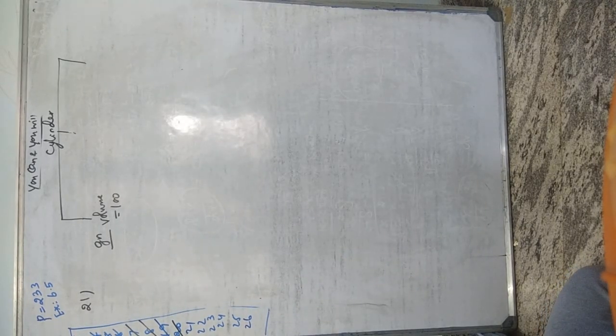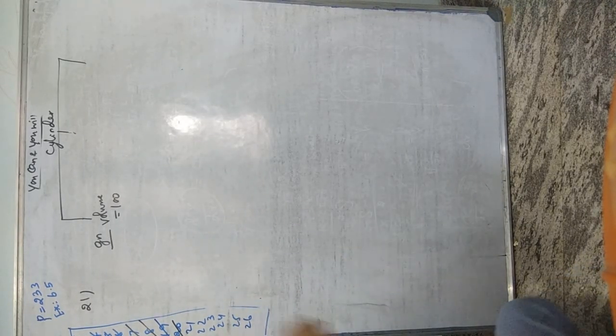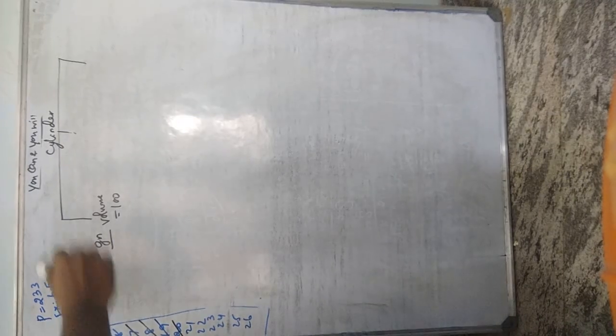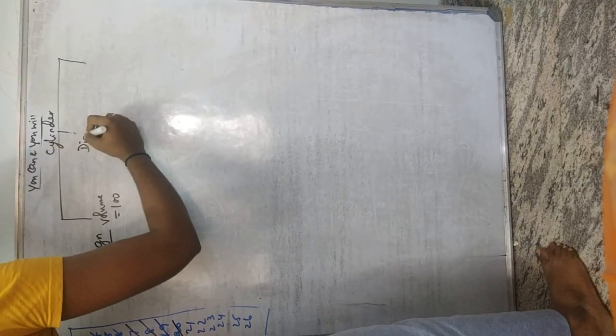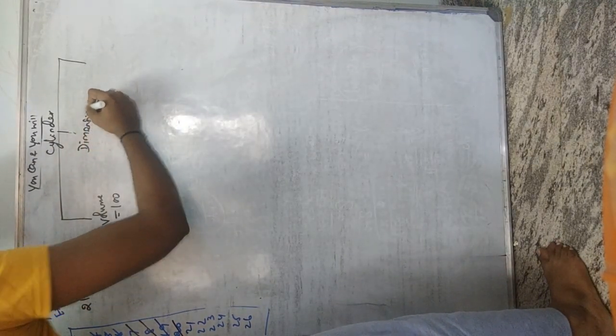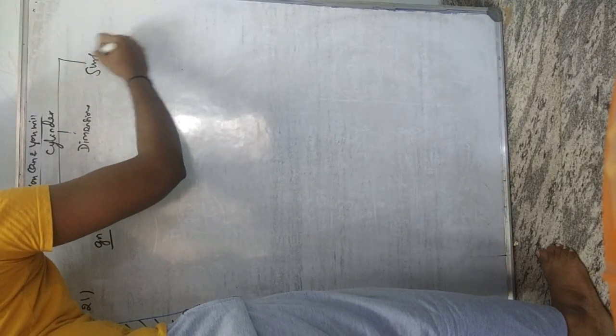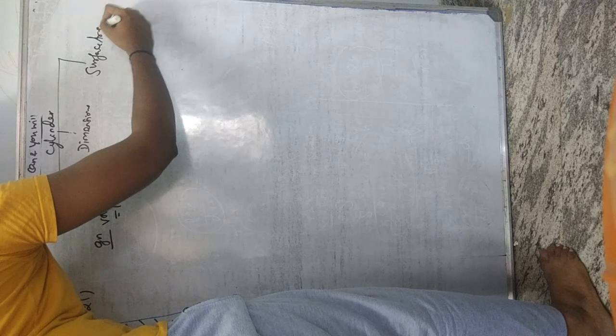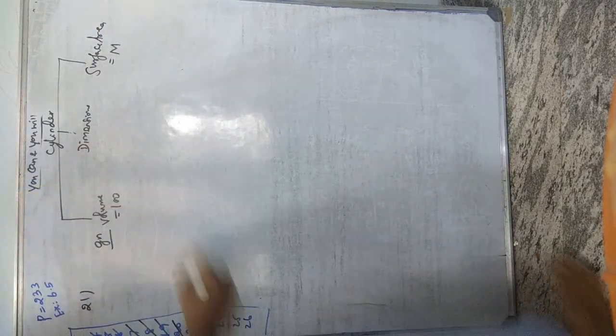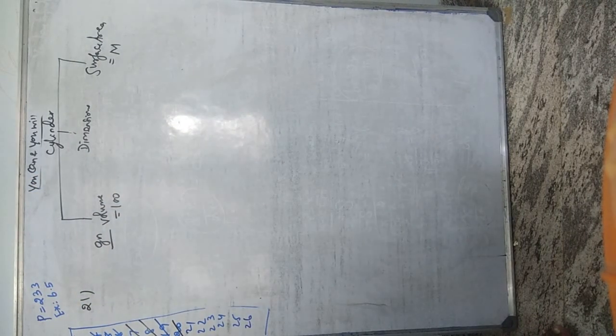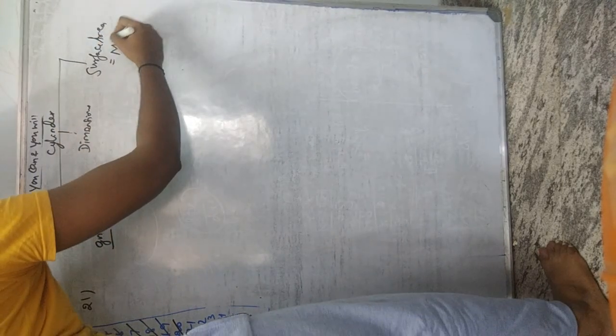What we have to prove: minimum surface area, and here I have to find the dimensions, and prove that the surface area is minimum. Like this, you have to divide the question into 3 parts. Then only it is easy to find what we have to prove and what is given.